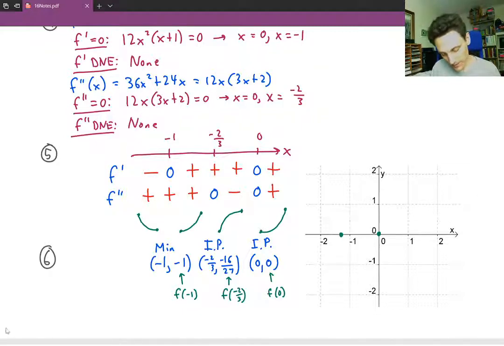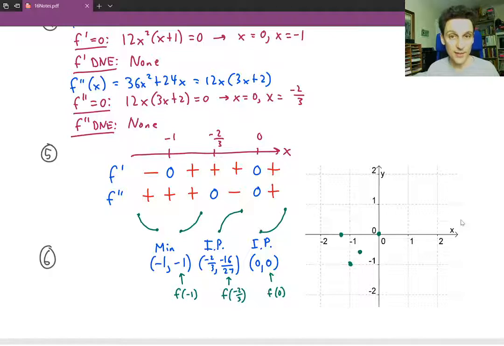We found a minimum of negative 1, comma negative 1. That's right here. We found an inflection point of negative 2/3, comma negative 16 over 27. That's going to be right around here, let's say. And then another inflection point at 0, 0. Well, we already have a point on the graph there.